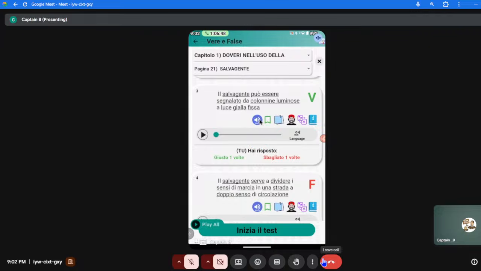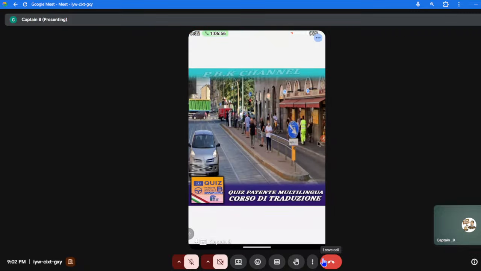Il salvagente può essere segnalato da colonnine luminose a luce gialla fissa. Now, let me show you something. Look at what they are talking about here. You see this yellow, this is the light they are talking about.